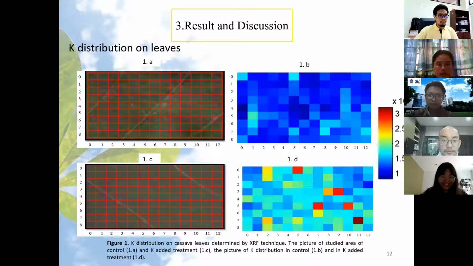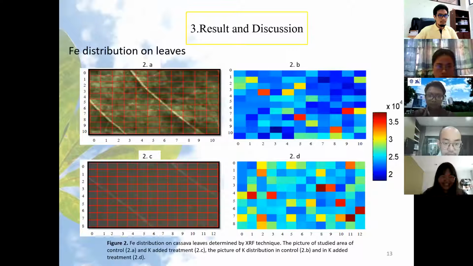Figure 2 shows iron distribution on cassava leaf determined by the XRF technique, similar to potassium. The total count and variation of iron in the iron add treatment were greater than those in the control treatment, and the variation of iron in the control did not relate to leaf position and leaf vein.